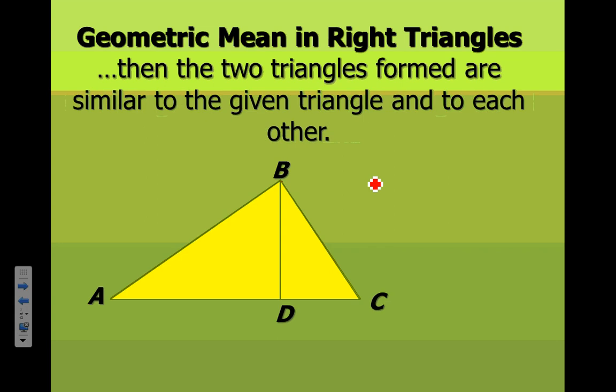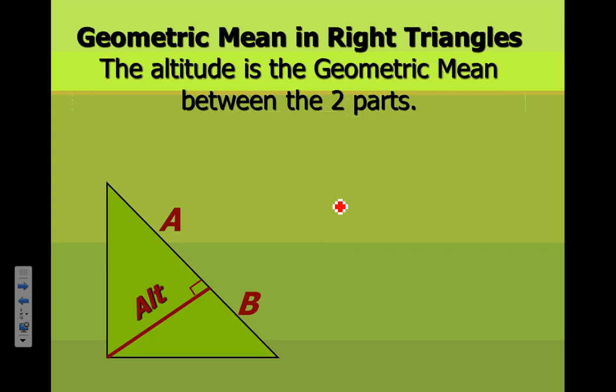You're going to have two right triangles. Okay, so you have divided your big triangle into two smaller triangles. All three triangles are similar to each other because they are all right triangles. The altitude is the geometric mean between the two parts.